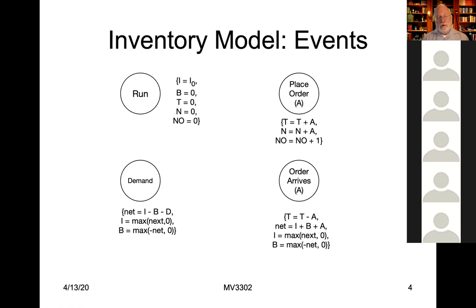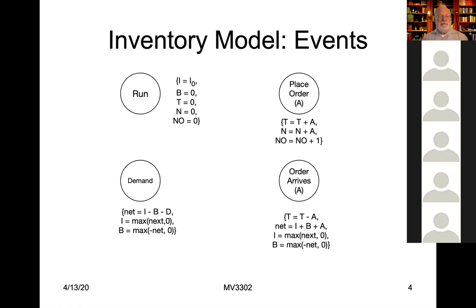Alternatively, and I'll leave this as an exercise, we could do away with that entirely, but add some more events to perform these computations. Hopefully it's clear that after the demand, our net value is going to be either positive or negative.